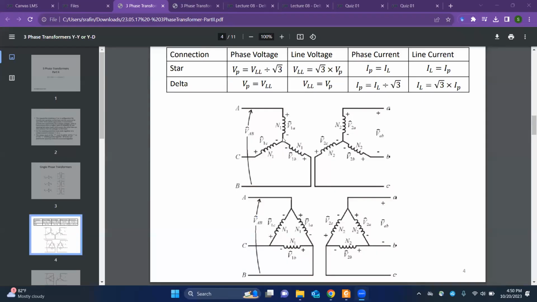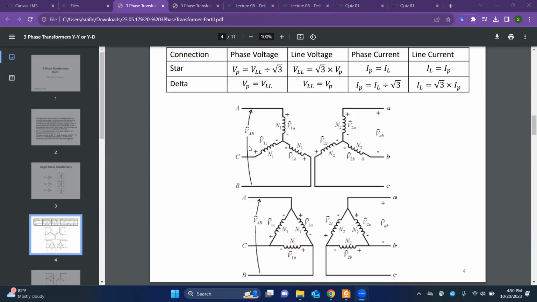This is also called neutral. The voltage from A point to the neutral is called phase voltage. And if we consider from A point to B point, we'll name them line to line voltage.